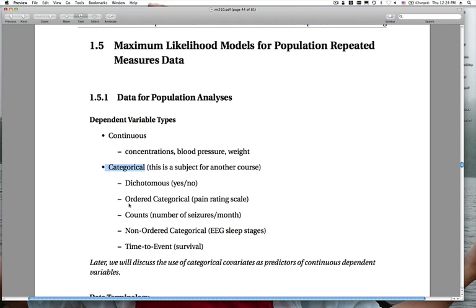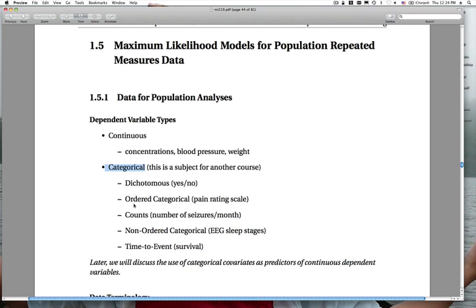Count data are also common as a dependent variable in clinical outcomes. Here we might have, for example, a number of a certain event in a particular period of time. So, for example, the number of seizures per month might be a particular count variable. We can also analyze non-ordered categories.